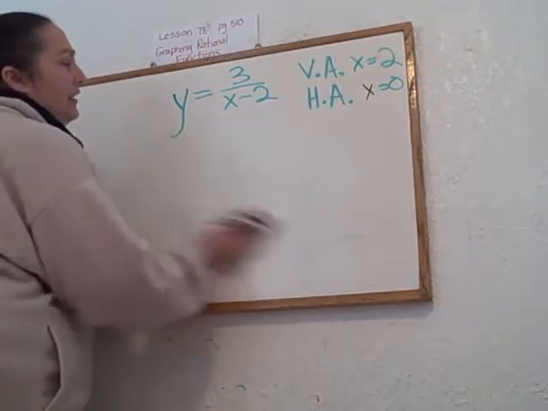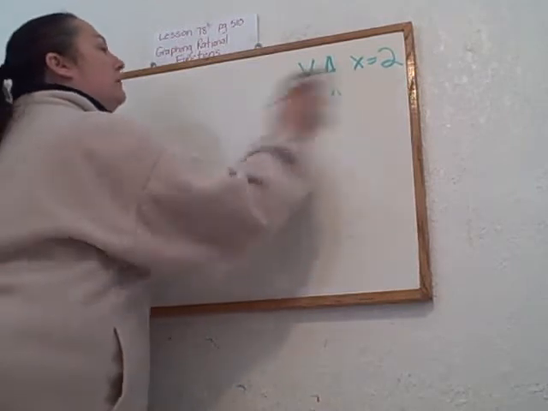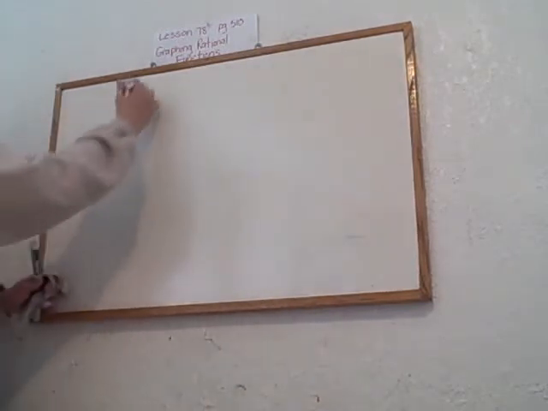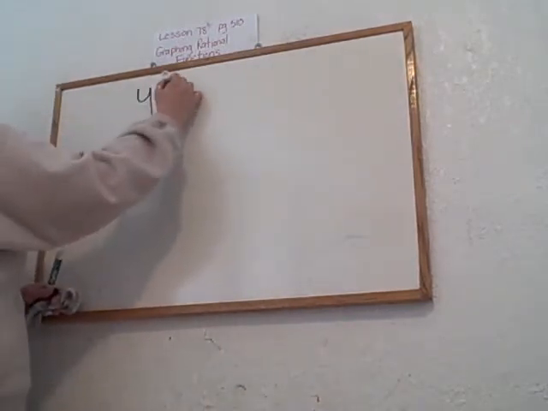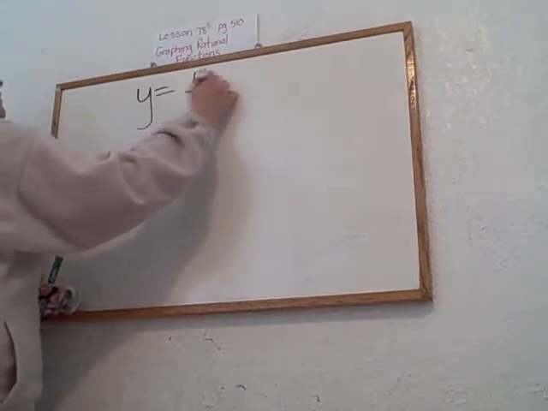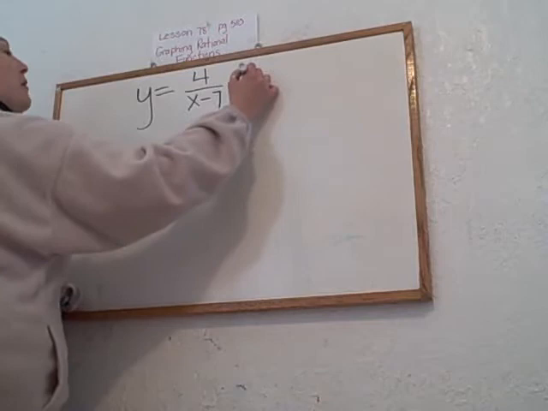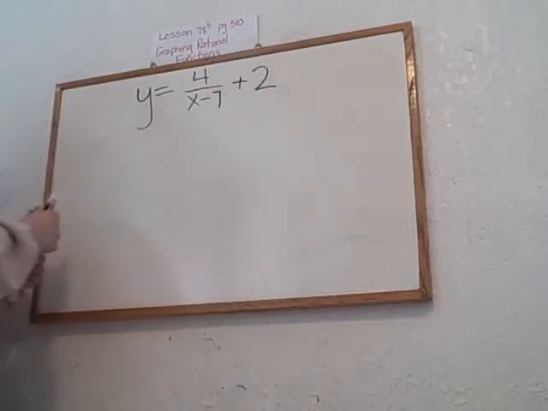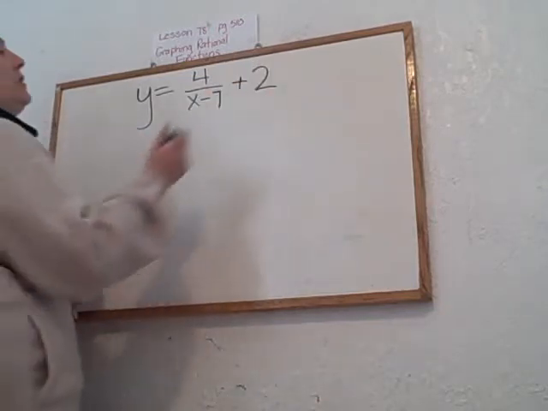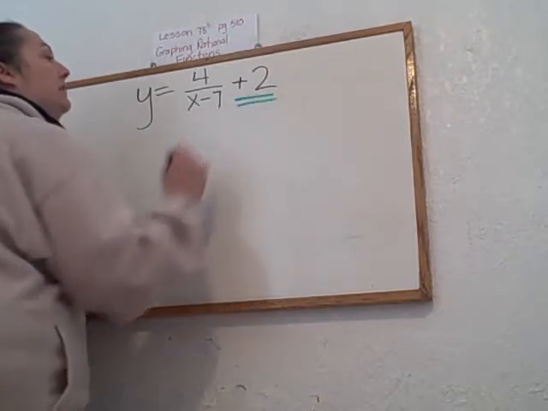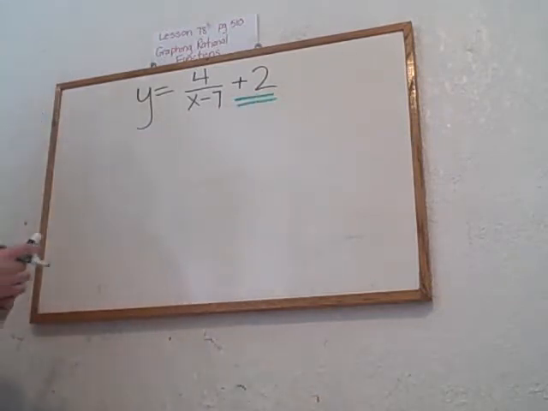Let's look at another example. Y equals 4 over x minus 7 plus 2. Notice this plus 2 over here. Different from the problem that we just did.